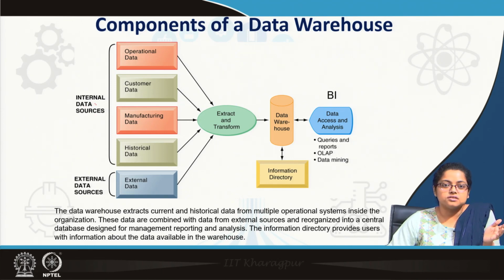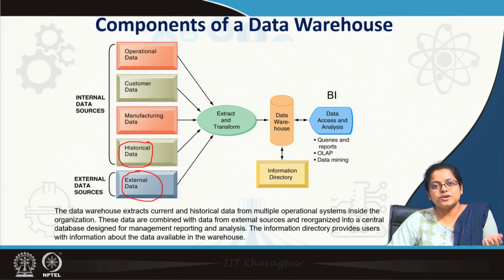These are all internal data sources inside of an organization. Along with these, core transactional data sources, historical data is also maintained in a particular database, and that also forms part of the internal data sources. Along with this, there is a lot of data that resides in external data sources.